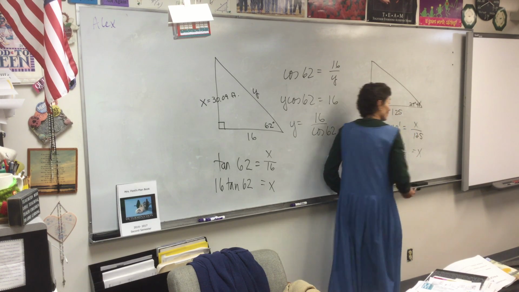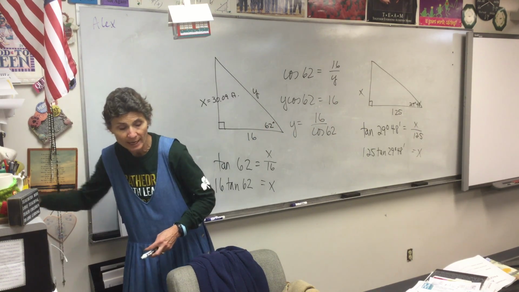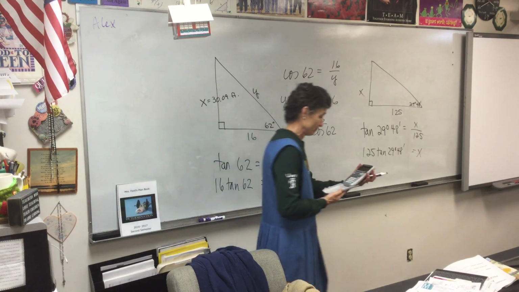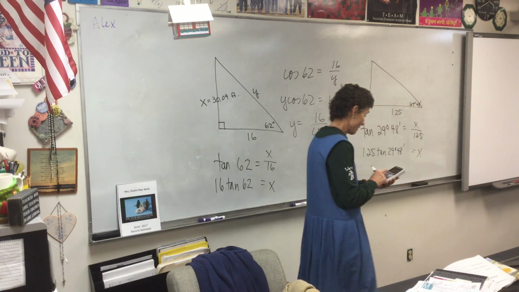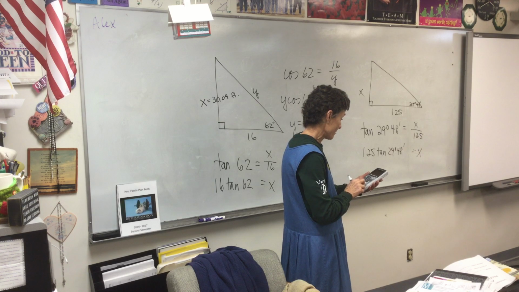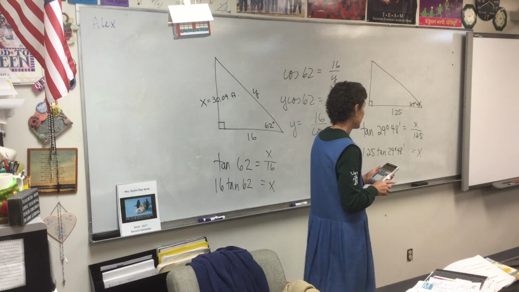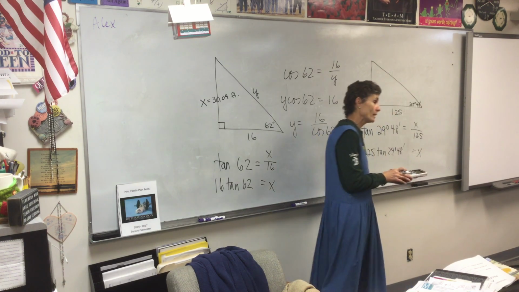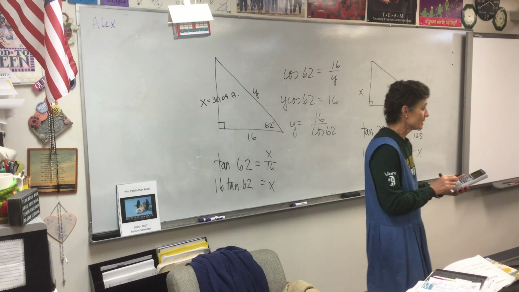Now this requires us to remember how to use our calculators. We talked about this one day, but it's been like a month ago that we talked about this. Do you remember? We're going to put in 125 tangent. I got to make sure I'm in degrees. So 125 tangent, now, 29 degrees, so I put in 29, then you remember what you do?